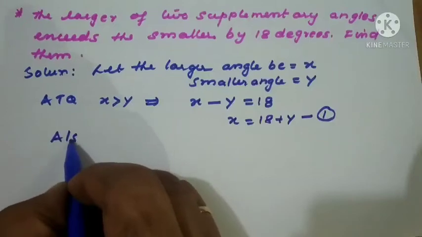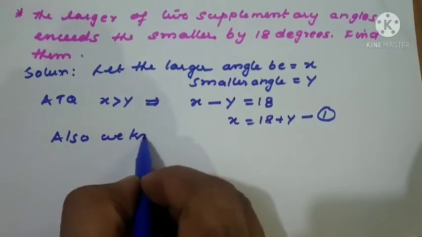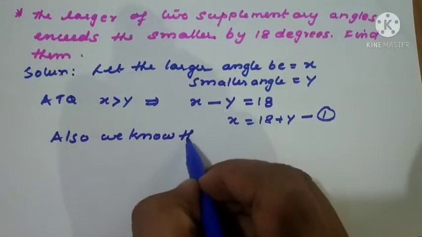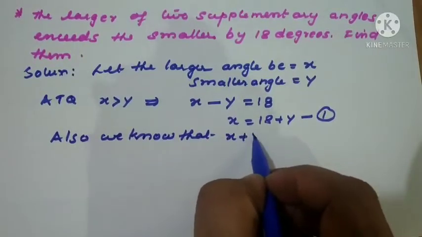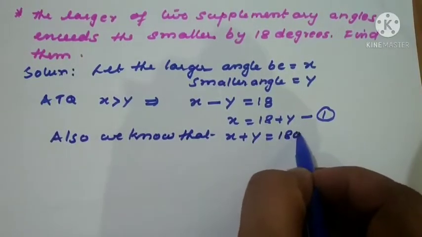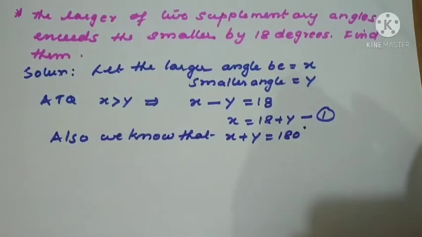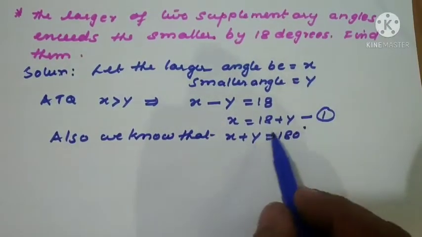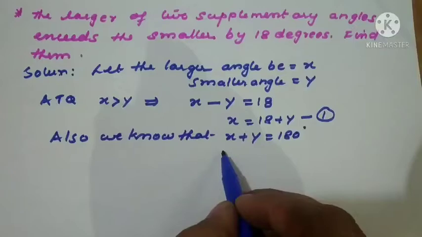Also we know that x plus y equal to 180 degrees, because supplementary angles mean the sum of both equals 180 degrees only. Now we can substitute for x.